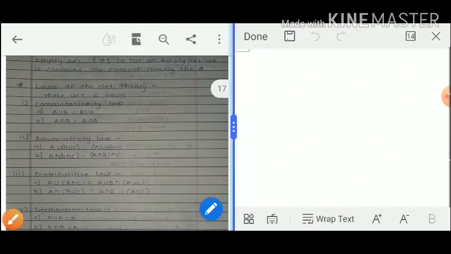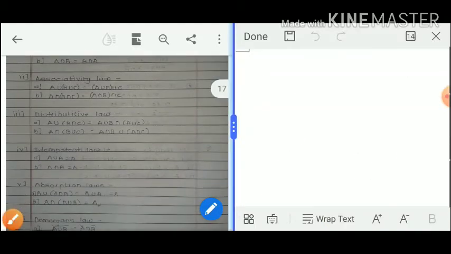Okay, next, distributivity law. What is given in distributivity law?